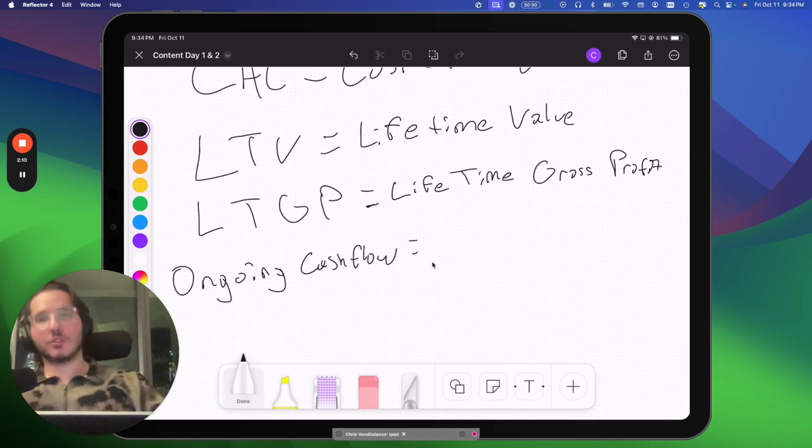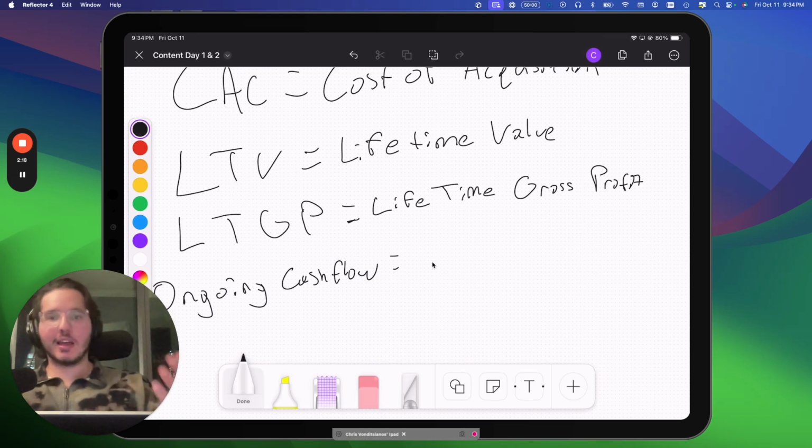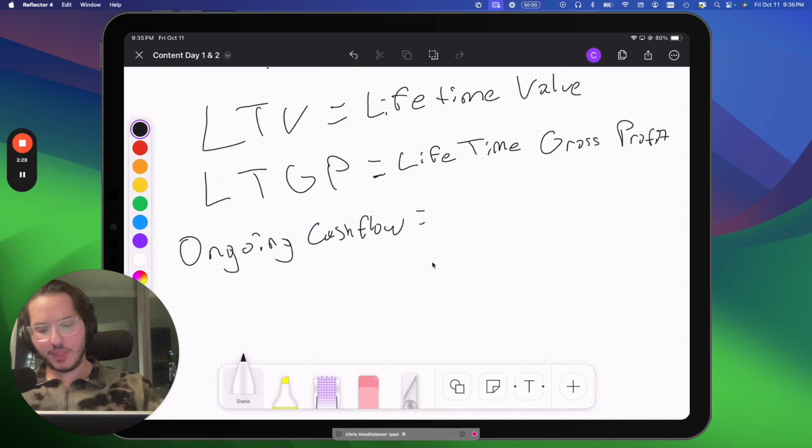So for lifetime value, you're looking at how long is someone staying and how much they're spending with you. But lifetime gross profit is to see exactly how much you make after all is said and done. Expenses and everything, overheads, everything in terms of how much you're making based on them being there.